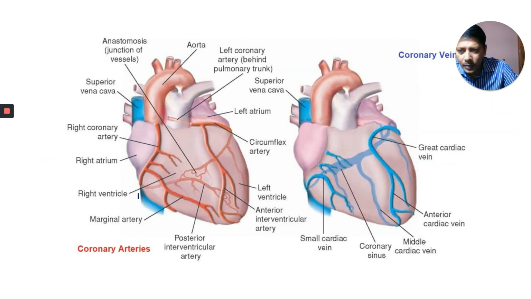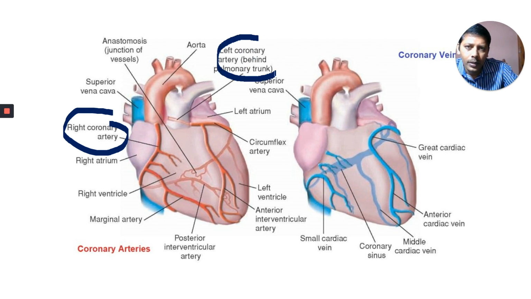You observe here, this is the right coronary artery and this is the left coronary artery, behind the pulmonary trunk. These are the coronary arteries arising from the aorta.